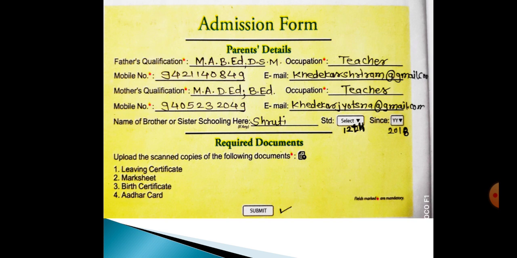Name of brother or sister, schooling year. I show you how to write your brothers' or sisters' names here. Then select the standard, which standard he or she studies in. Then select since, from which year.